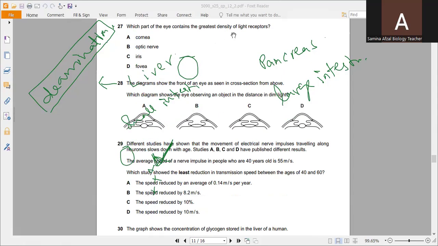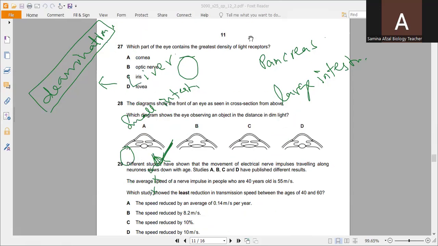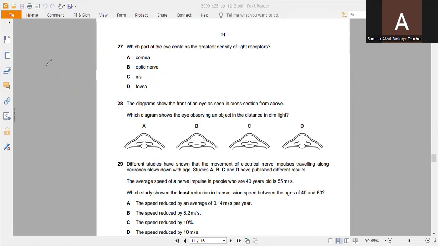Now question number 27 is there, and question number 27 is, which part of the eye contains the greatest density of light receptors? So here you can see question number 27. First of all, the cornea.